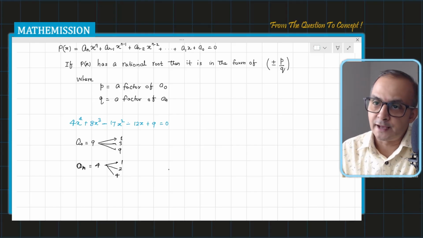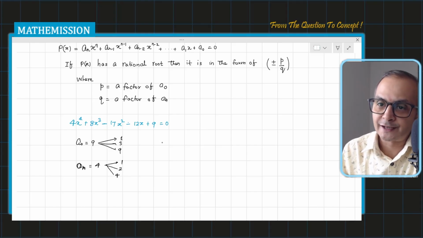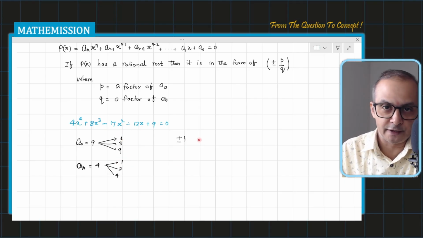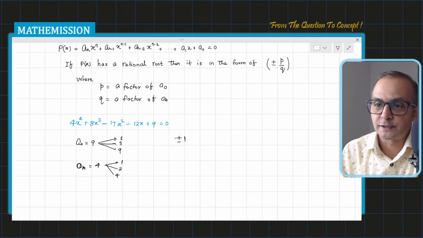So the claim is that our roots can be the ratio of these possible factors, all the possible cases with plus and minus sign. We take this as p and this as q and make all possible combinations with positive and negative sign. So the first guess we can make is either plus 1 or minus 1.